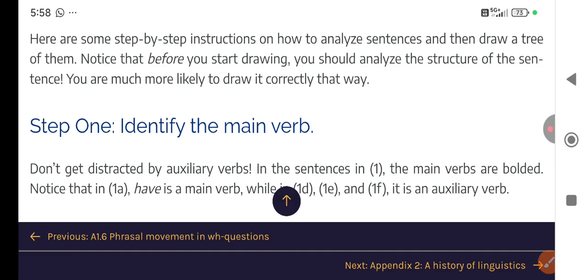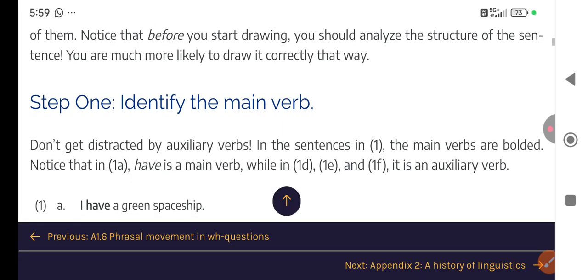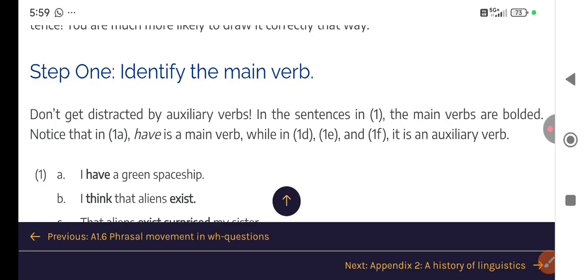Notice that before you start drawing, you should analyze the structure of the sentence. You are much more likely to draw it correctly that way. This video is a little bit longer, but here we are going to discuss in detail.